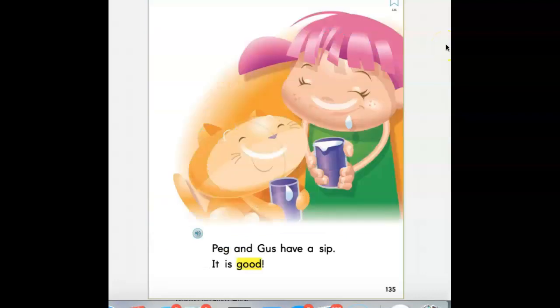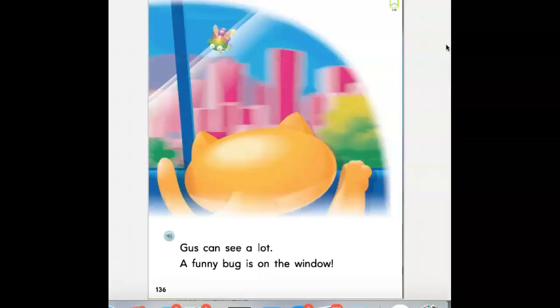Peg and Gus have a sip. It is good. Gus can see a lot.